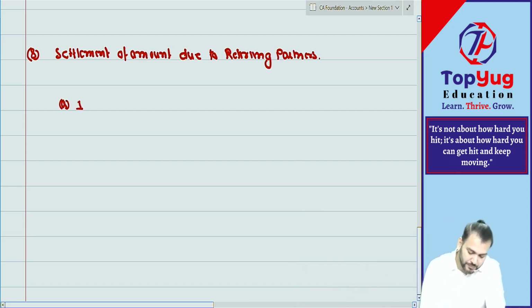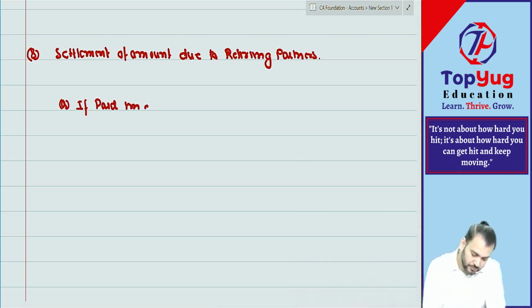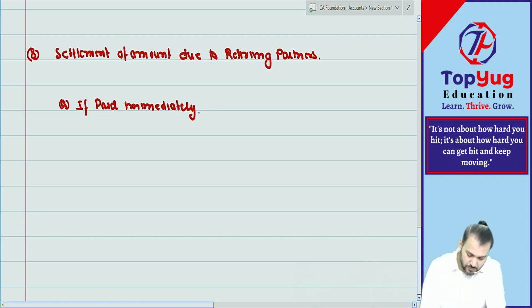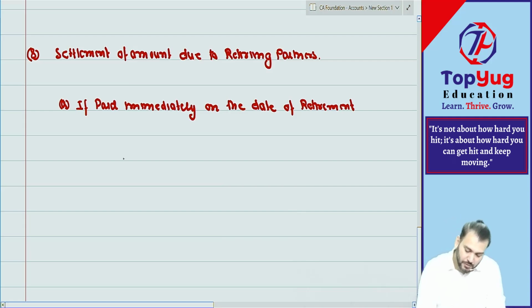Point number A: if paid immediately on the date of retirement, then what journal entry will we do?